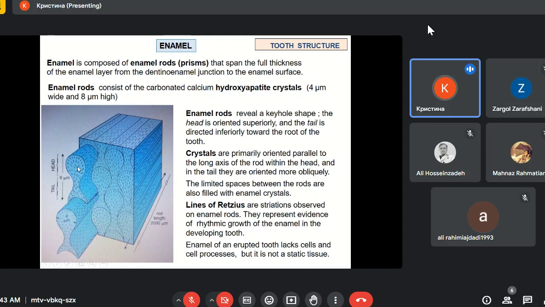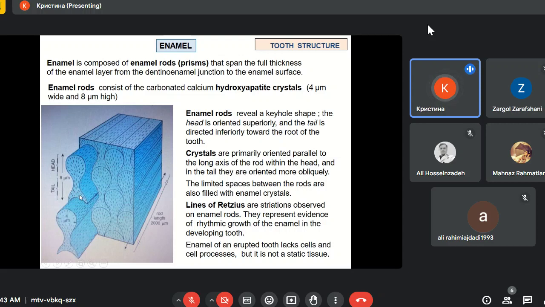So each enamel rod consists of elongated crystals, which run parallel to the long axis of the enamel rod in the head region and orthogonally in the tail region.